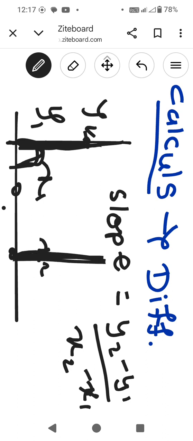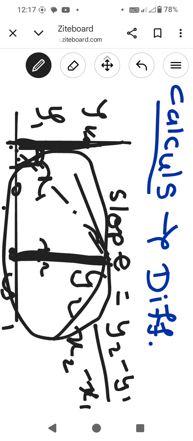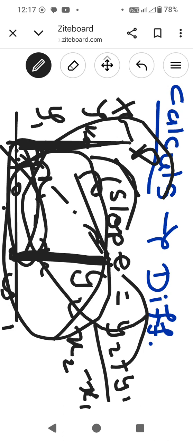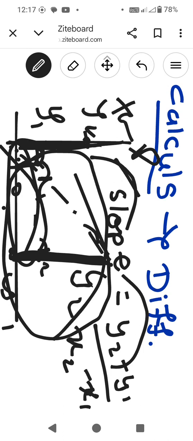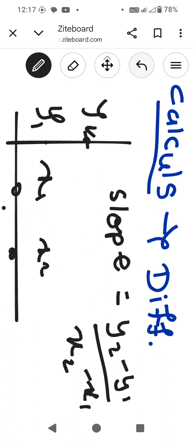If I shift it here, this forms a right angle triangle. Tan is basically perpendicular by base. Thus by recognizing that, we can determine the slope.